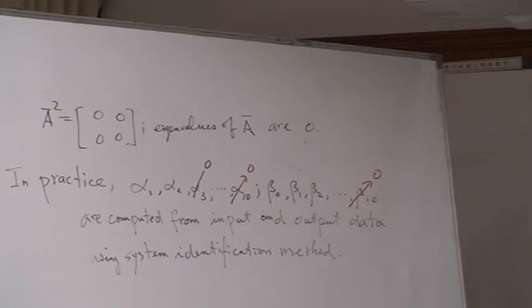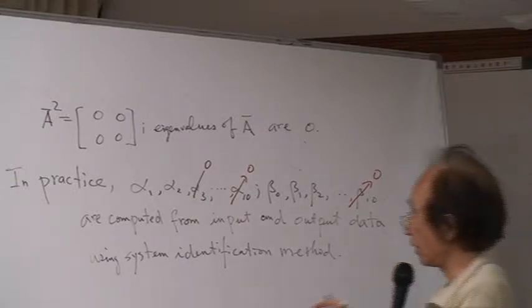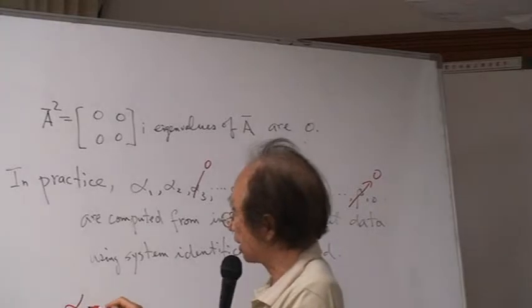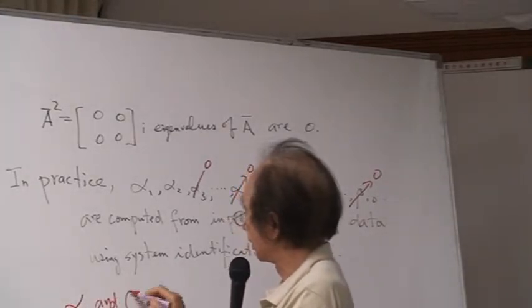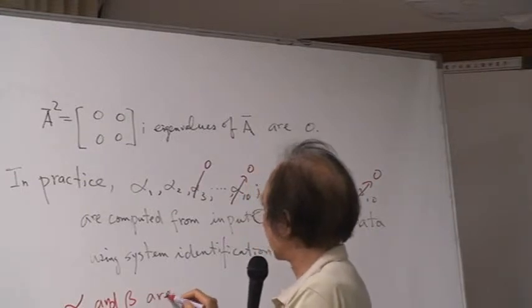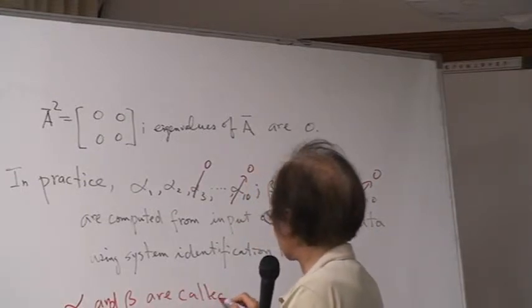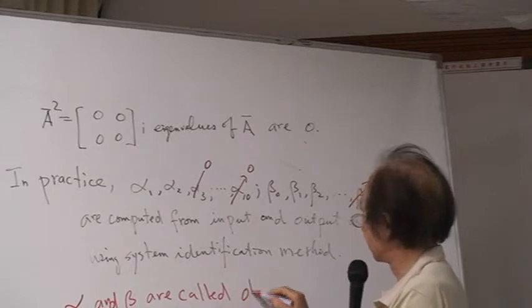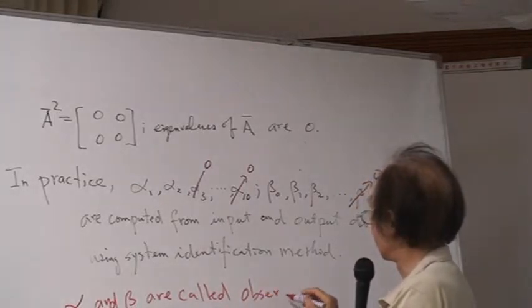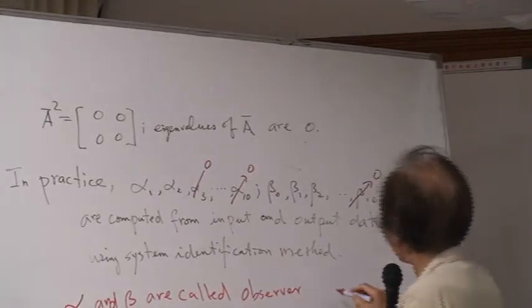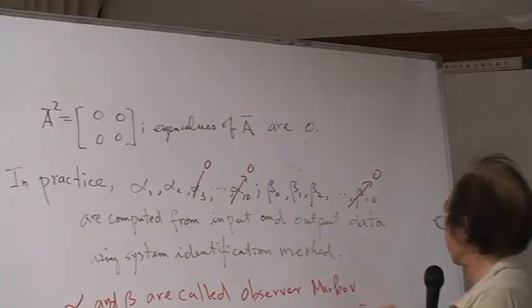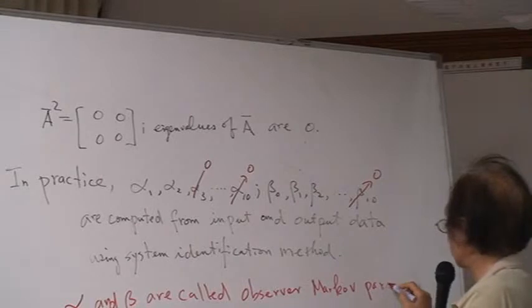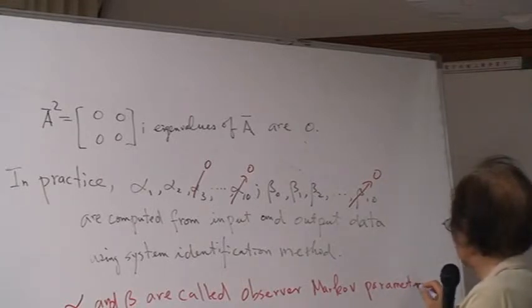That's the purpose of alpha and beta, and this alpha and beta are called observer Markov parameters.